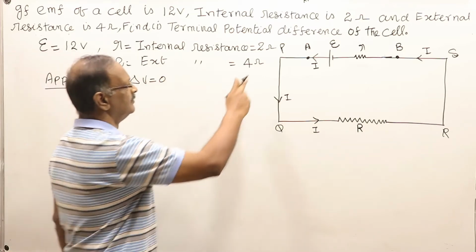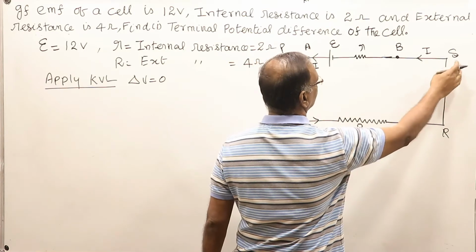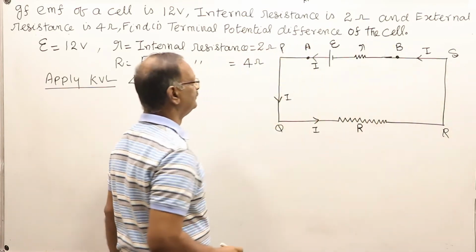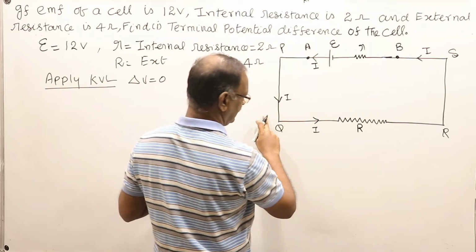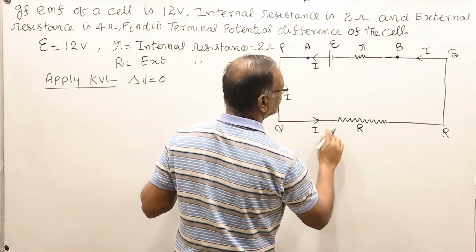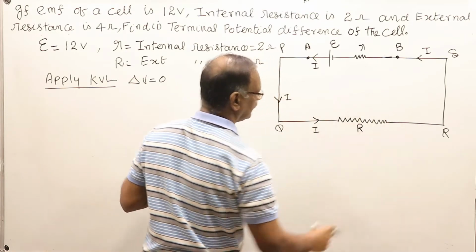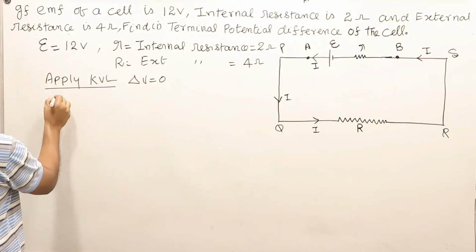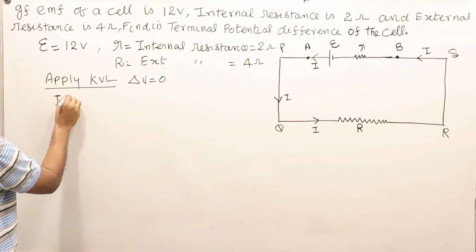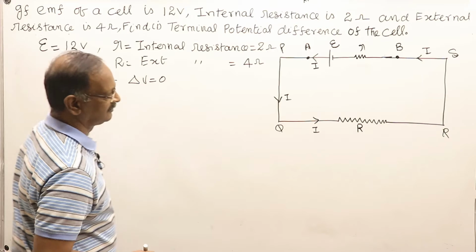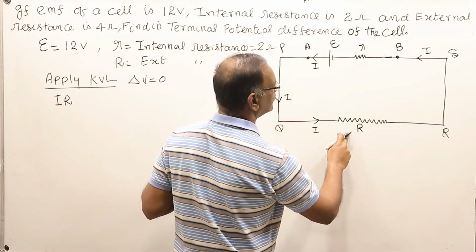It means we move from P to Q, Q to R, R to S, S to P again. When we move from here to here, the potential drop across this external resistance is equal to I into R, that is current into resistance.